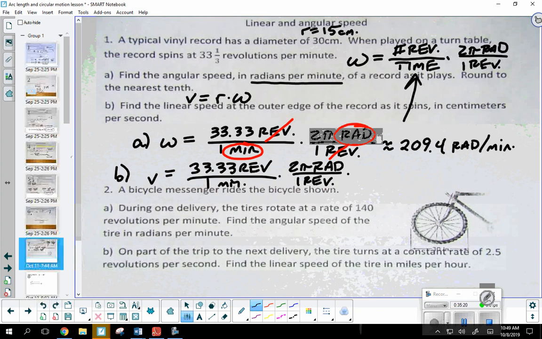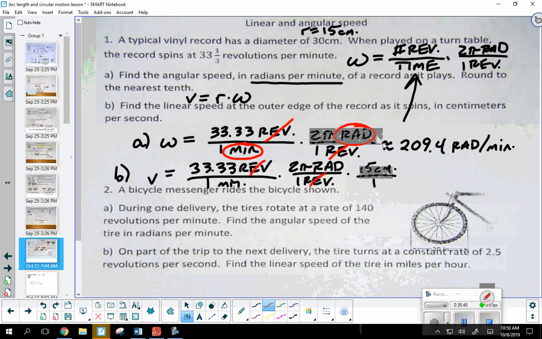As soon as I multiply that by the radius, it becomes my linear speed. So what I like to do, because I start with fractions anyway, I always go ahead and put the radius over 1, because you got to multiply across anyway. Now, when everything cancels, here's the thing. Revolutions are gone.